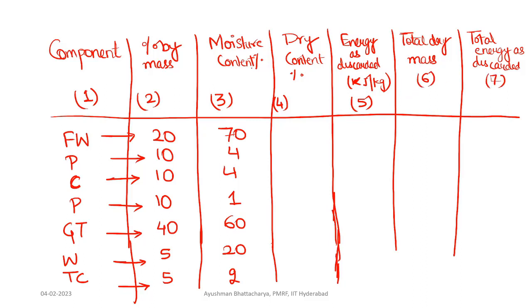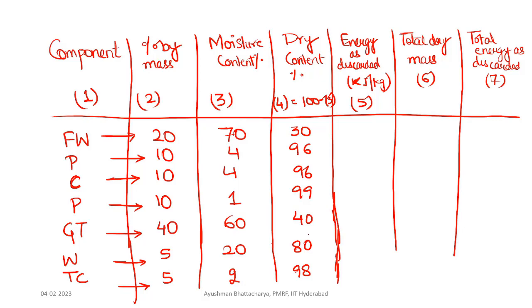Now to calculate the dry content: out of 100%, if 70% is the moisture content, then the remaining 30% is the dry content. So 100 minus column 3 gives 30, then 96, 99, 100 minus, so 60, then 40, 80, 98. Okay, this is the dry content.